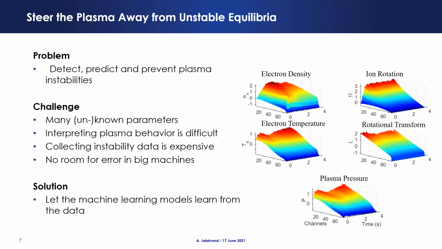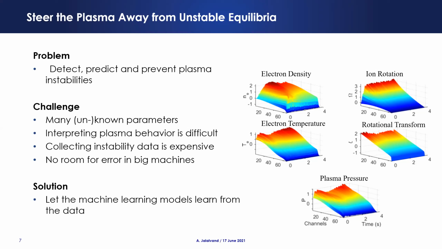So although we have these experimental tokamaks these days, like in San Diego, in the UK, in MIT, in the US, and in other countries, it is very expensive to push them towards these instabilities and then try to collect the data. So we have a lack of data.